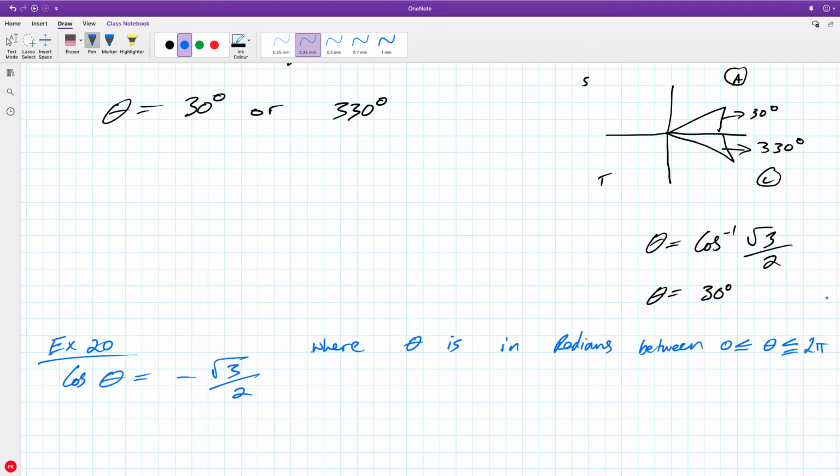Now our cos is positive, our cos is negative. Let's put 150 into the rads.